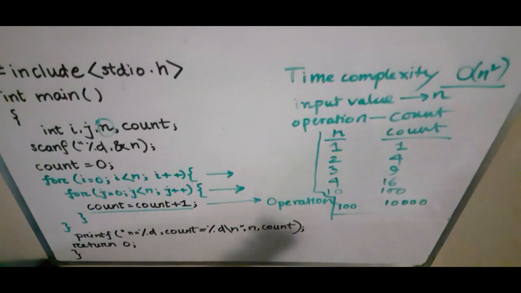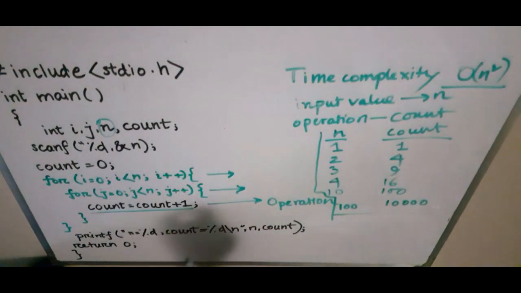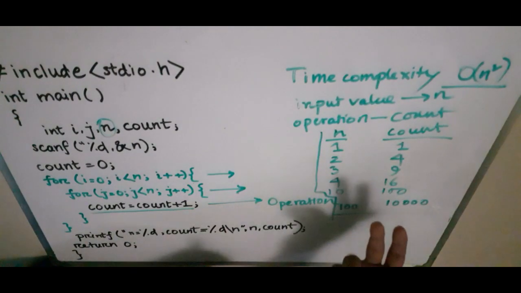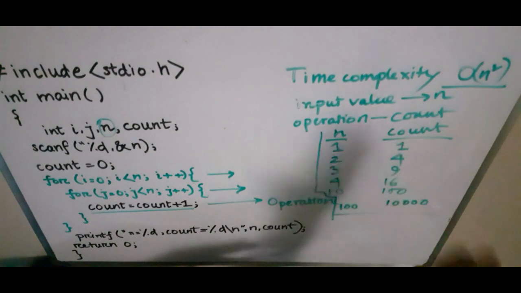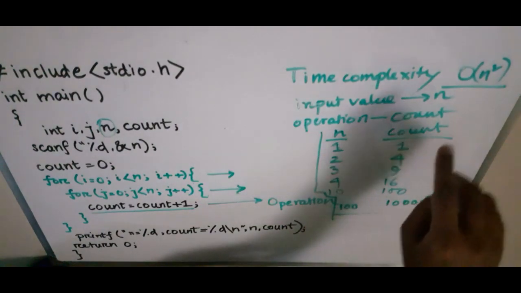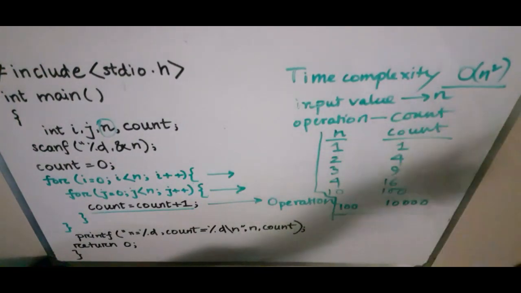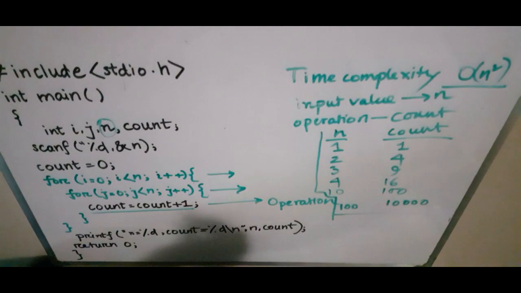Yes, it's the answer. Time complexity of this code should be big O of n square, because the operation is depending on the input value, and there is an n square type of relationship, right?